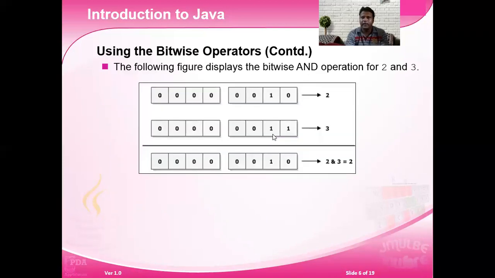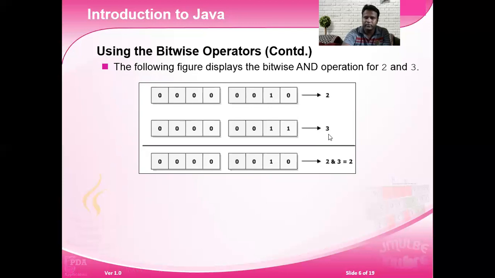If you take an example, 0 and 0 is 0, 0 and 0 is 0, 0 and 0 is 0, up to 1 and 1 is 1, 0 and 1 is 0. So when you evaluate 2 AND 3, it returns you 2.